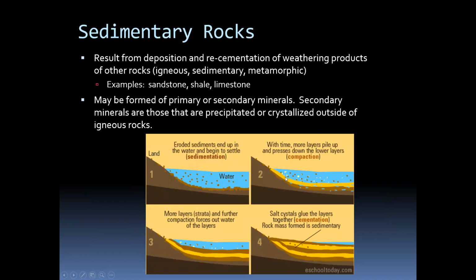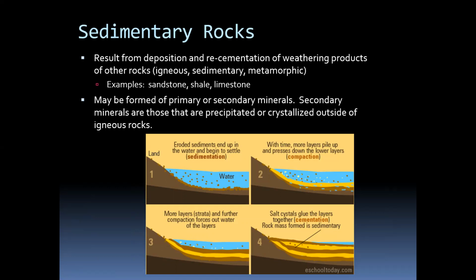When these sediments are deposited in a place, they keep building up, and because of the pressure, they get compacted. When compacted, they form different layers, and cementing agents, like salts or other minerals that exist, bind the sediments together, and this is what forms the sedimentary rocks.